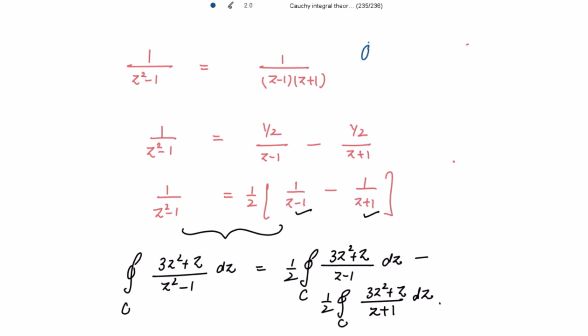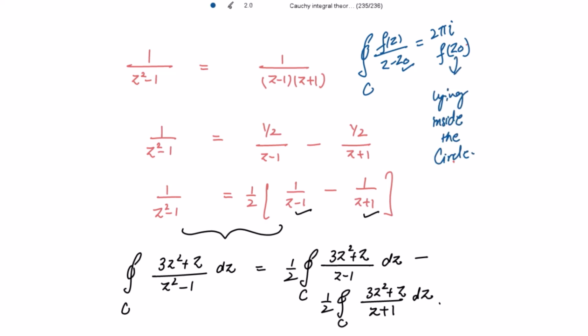The formula is the closed integral of f(z)/(z - z₀) over the circle C is equal to 2πi f(z₀). Right? z₀ is the point which is lying inside the circle. Very fine, this is Cauchy's integral formula. Now here the z₀ point is 1.